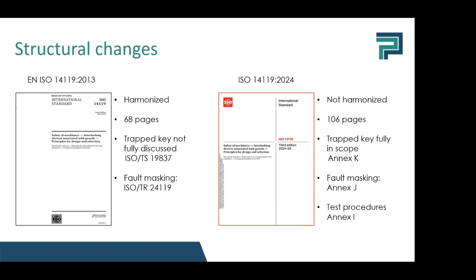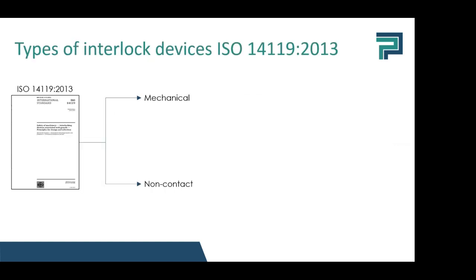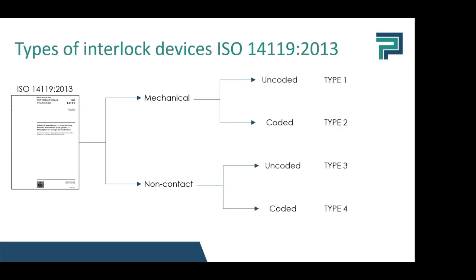So if we're talking about interlocking devices, in the previous standard, there were 4 types of interlocking devices, and they were divided first into mechanical and non-contact interlocking devices, and then further into coded or uncoded. This gave us 4 types of interlocking devices.